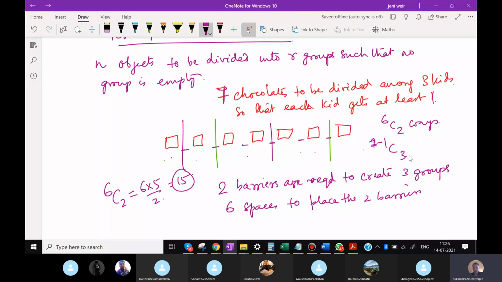So 3 minus 1. If I have to do the same thing with n objects and R groups, then the way to do that is n minus 1 C R minus 1.